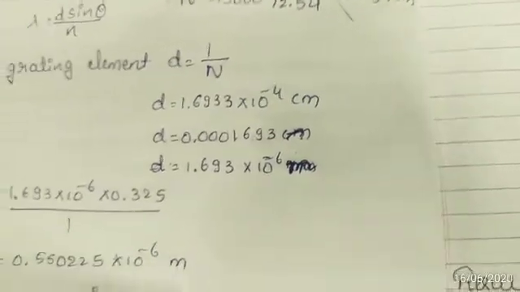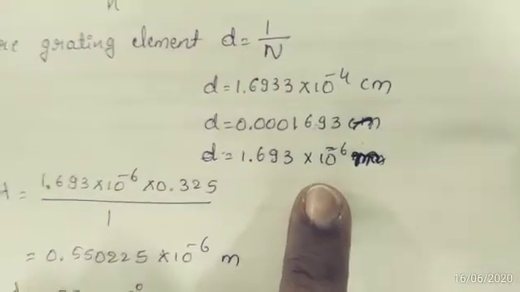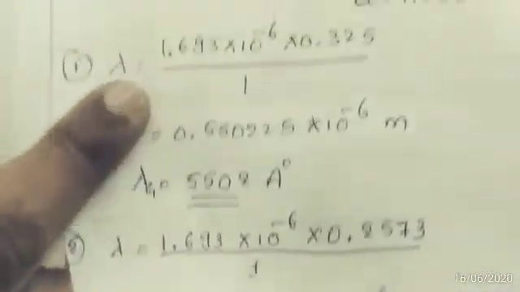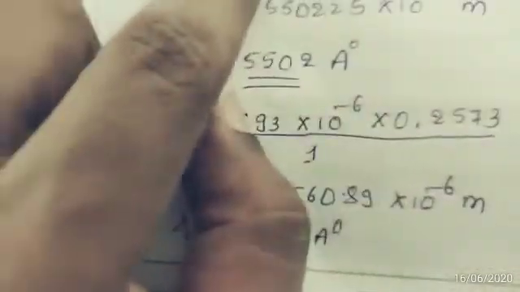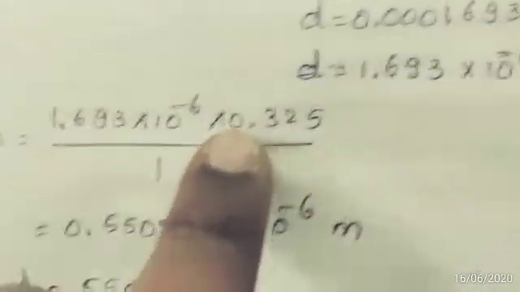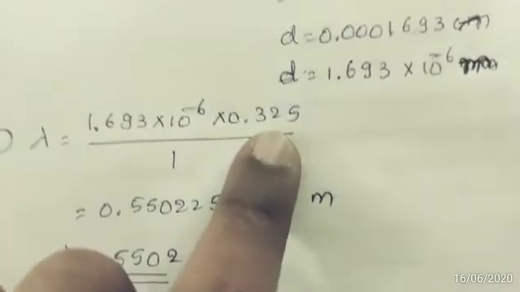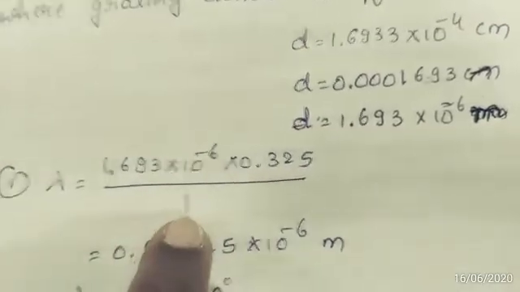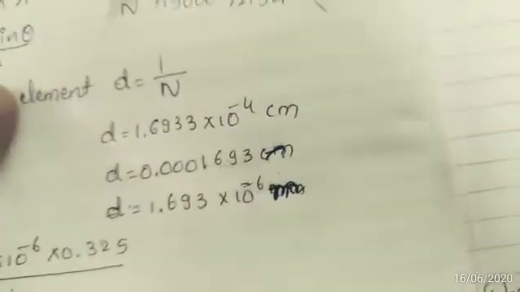Therefore, lambda is equal to d value 1.693 into 10 raised to minus 6 into sin theta value 0.325 divided by 1, because I have taken first order. Therefore, I put n is equal to 1.